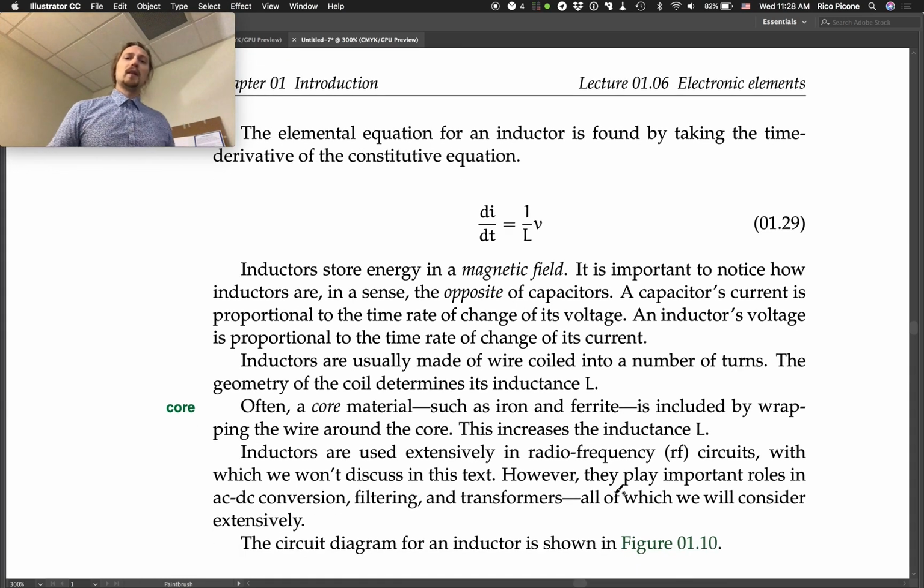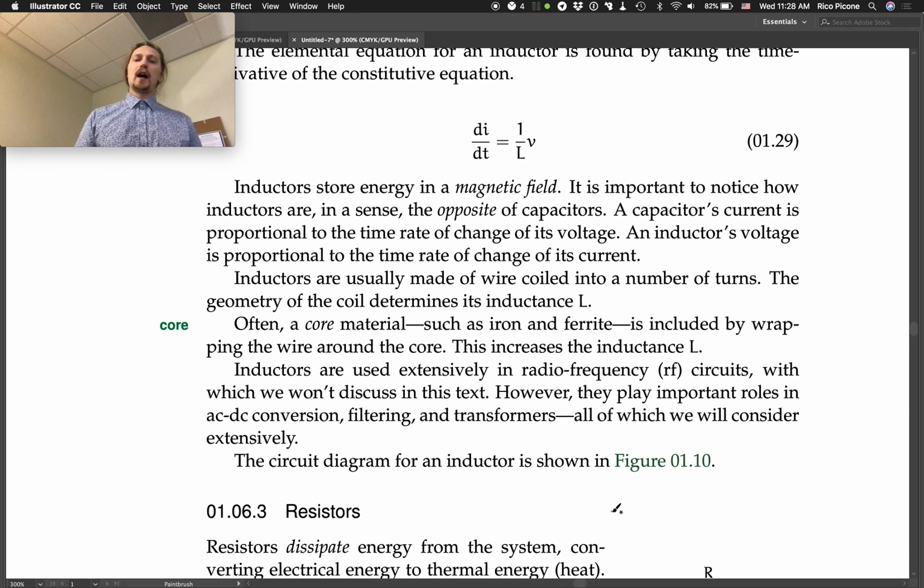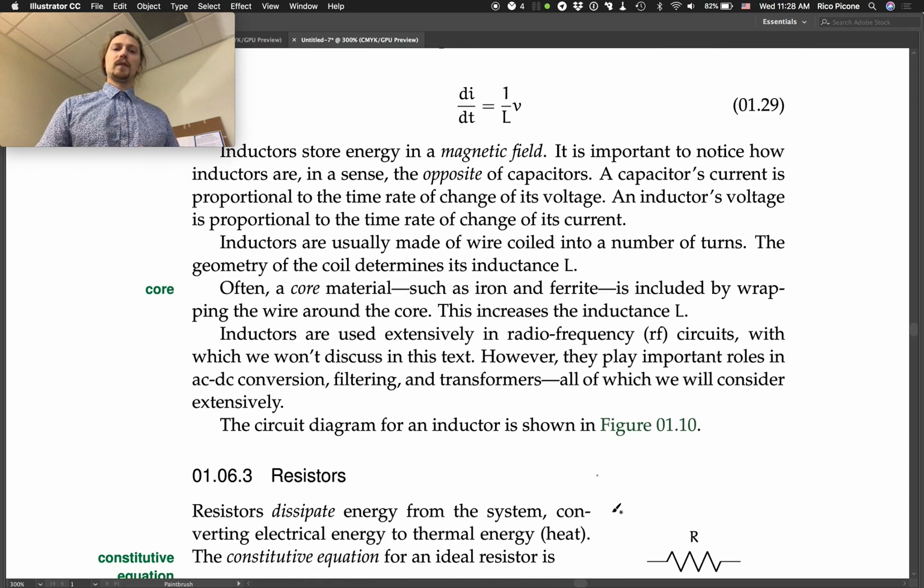Inductors are usually made of wire coiled into a number of turns. The geometry of the coil determines its inductance, L. Often a core material, such as iron or ferrite, is included by wrapping the wire around the core. This increases the inductance. Inductors are used extensively in radio frequency, RF, circuits, which we won't discuss in this text.